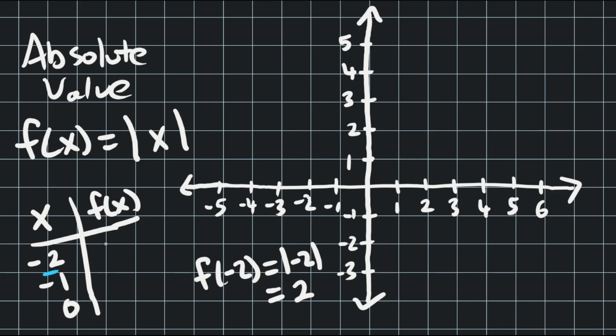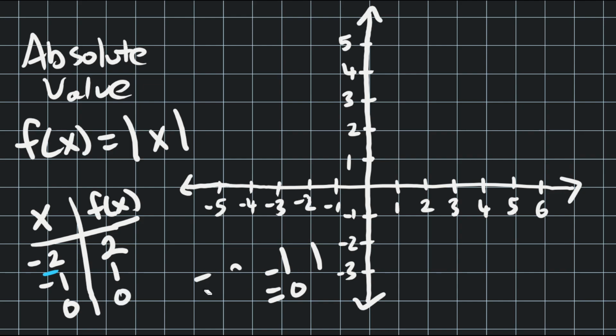So f of -2 is 2. What's f of -1? F of -1 is the absolute value of -1, which is 1. And what is f of 0? F of 0 is the absolute value of 0, which comes out to 0.